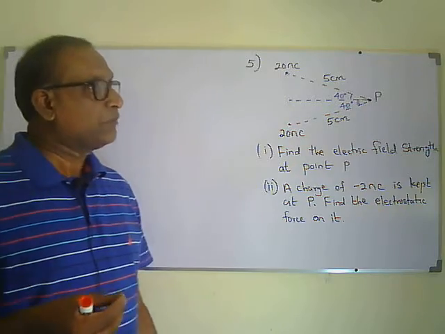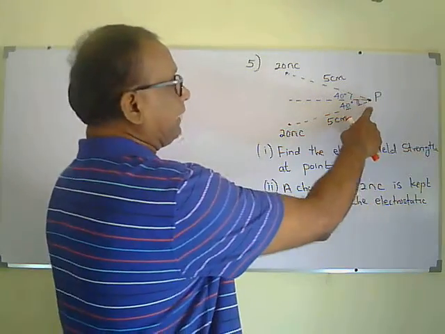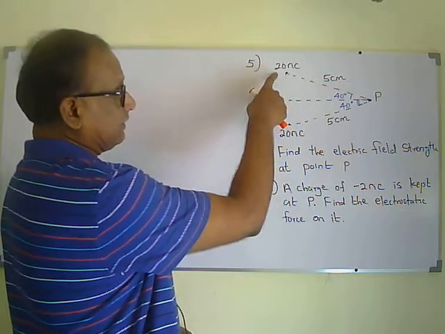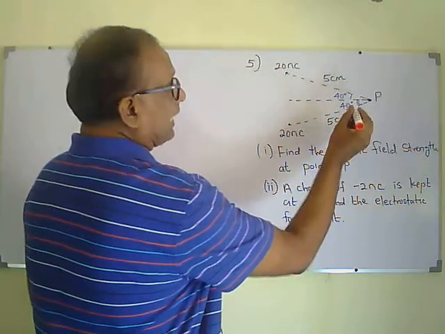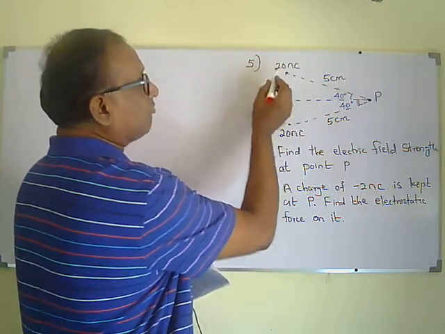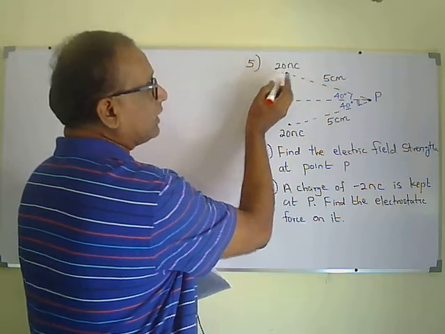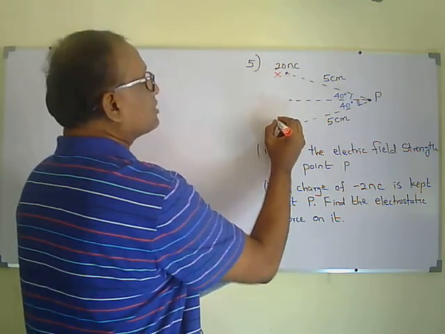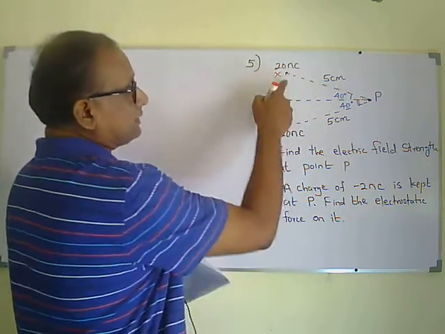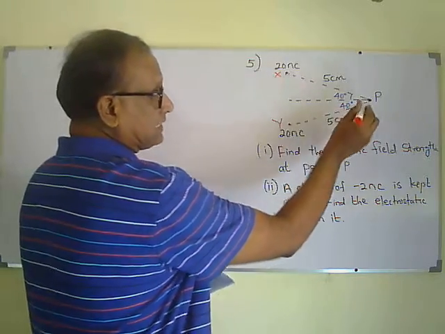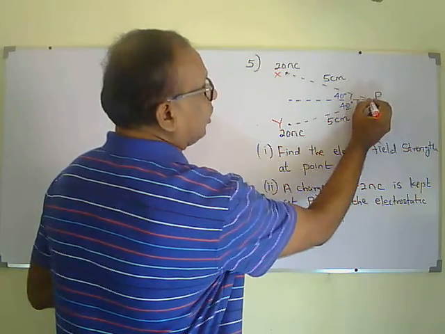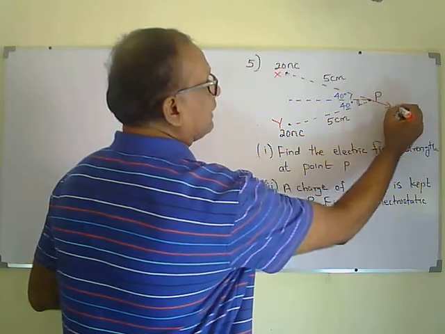If I keep a positive test charge at P, this is also a positive charge, so it will repel. So I can see the electric field strength of 20 nanocoulomb. This charge I can name X, Y. So due to the charge at point X, the electric field strength at point P will be along this line. I can name it E1.